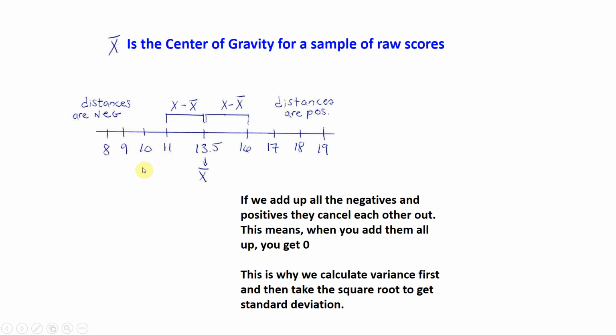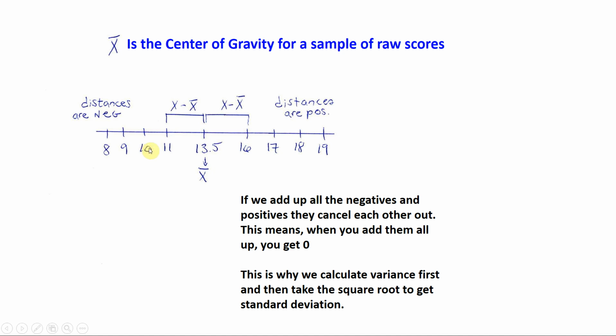Okay, so here's an example where we just have some numbers here. This is, let's say, our sample, and 13.5 is the mean. I know this because I got out my calculator, okay? So this is the mean. And we said that one of the properties of the mean states that if you were to take each score, like 11, and subtract the mean, well, 11 is smaller than 13.5, so that's going to give you a negative number, right?